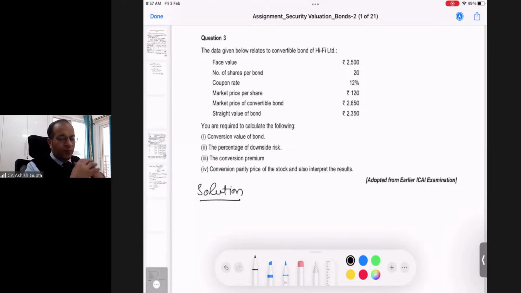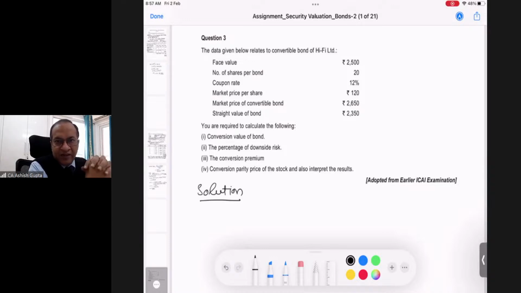Now, student, please note, when I was discussing earlier in the last class, there was a word like debentures or bonds with embedded option. Among embedded options there is one category, convertible, where debentures or bonds can be converted into equity shares. The debenture holders are given a choice, so it can go both ways.